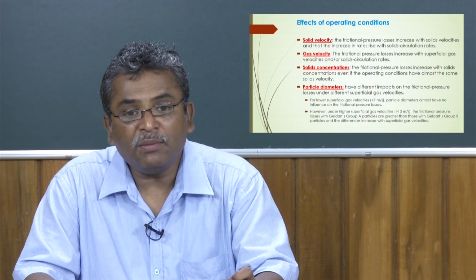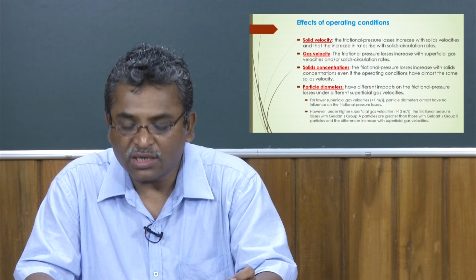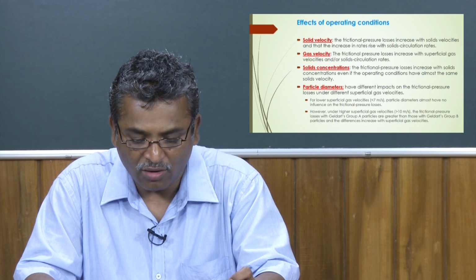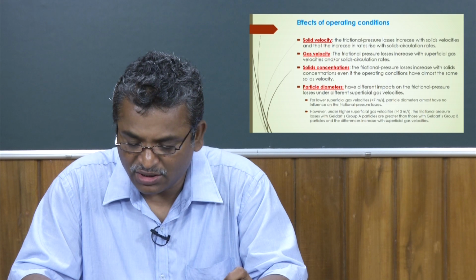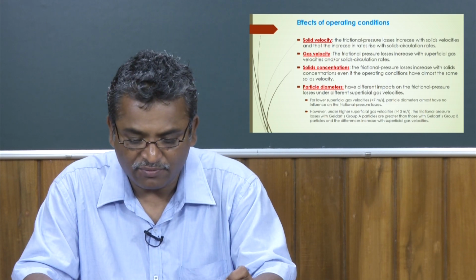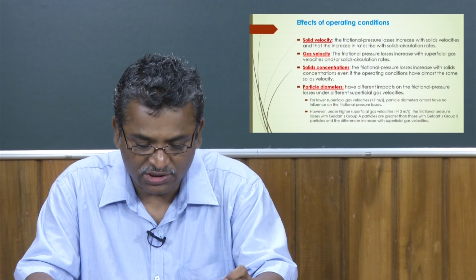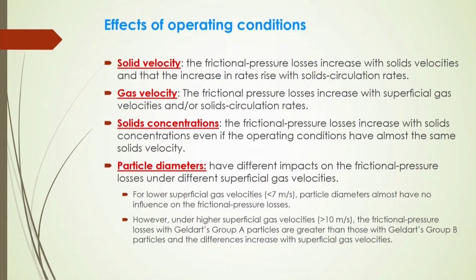Now, particle diameter also has an effect on the frictional pressure drop, and it has a different impact under different superficial gas velocities. It is seen that for lower superficial gas velocities, less than 7 meter per second, the particle diameter almost has no influence on the frictional pressure losses.